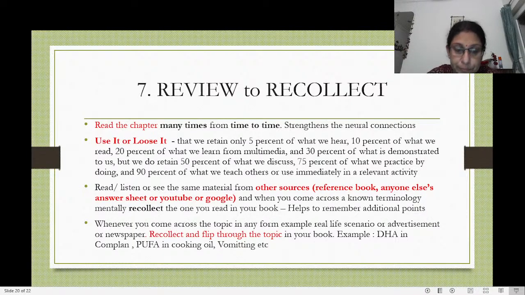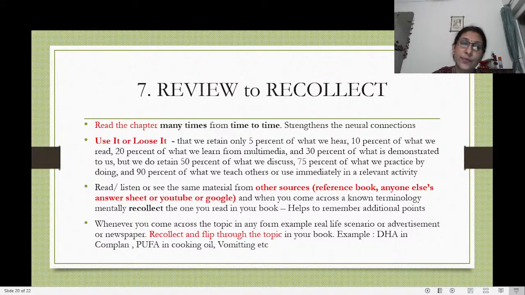For example, DHA. You find DHA in Complan, in the box of Complan, and it's written so many times. But do you just see it and ignore it, or do you try to see what is the expansion of DHA? What does DHA stand for?